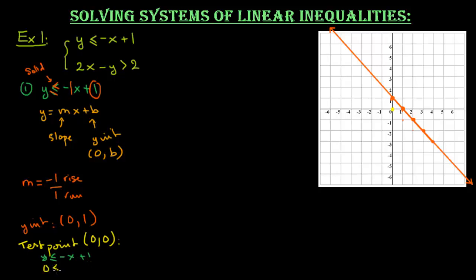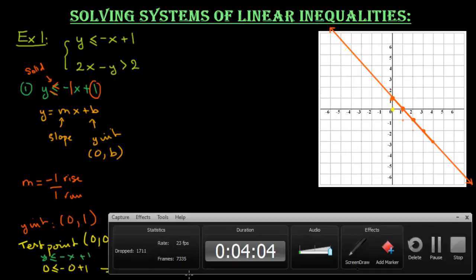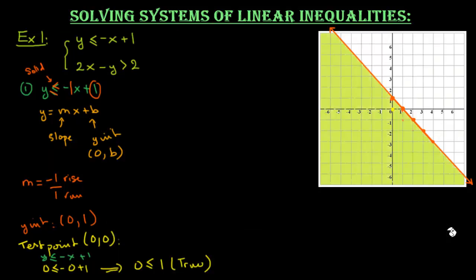So 0 less than or equal to negative 0 plus 1, which gives me 0 less than or equal to 1. This is a true statement. So what we have to do is shade the area which contains the point (0, 0), which means I will shade below the line.